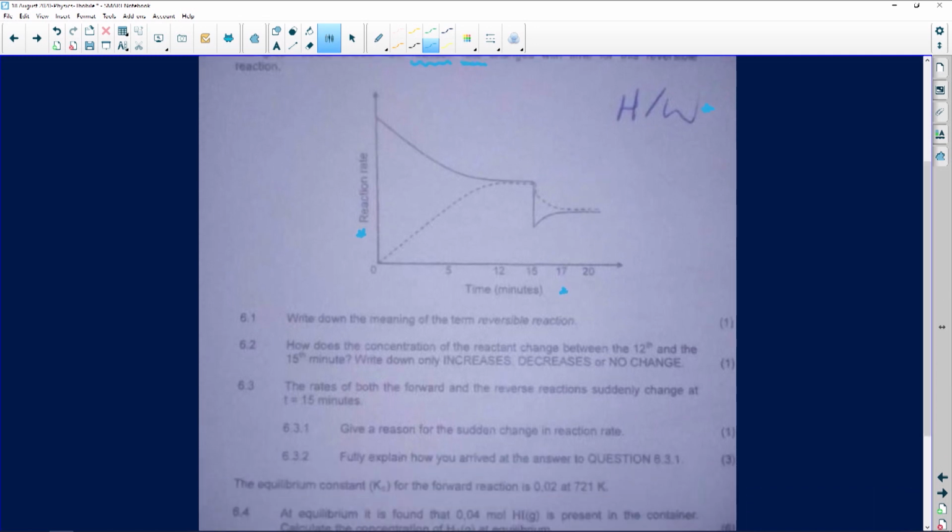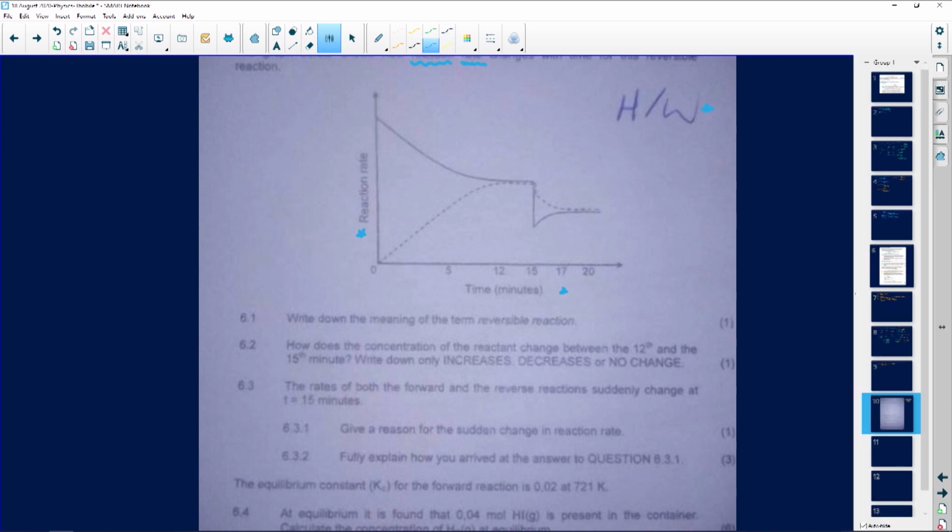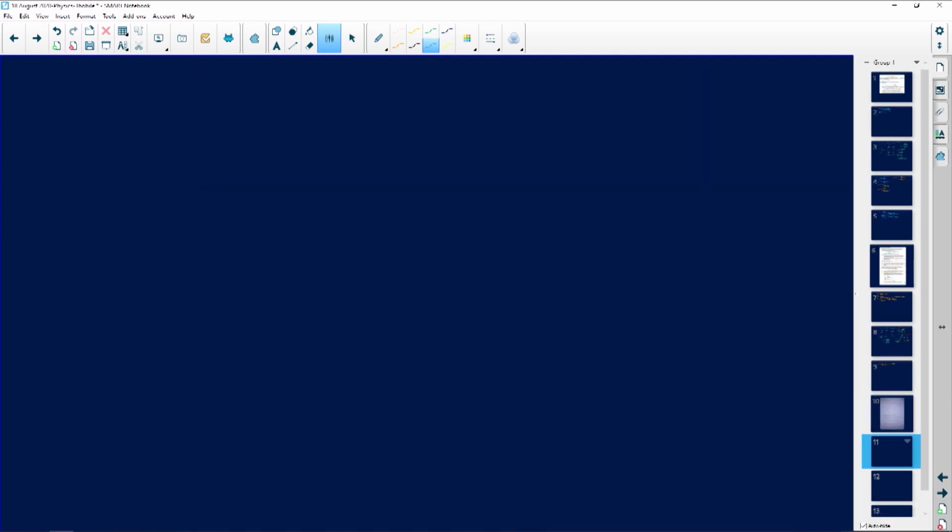So let's see 6.1. Write down the meaning of the term reversible reaction. Now remember, most of the time they give us a reaction with those funny looking arrows, but in this case they want us to define it.